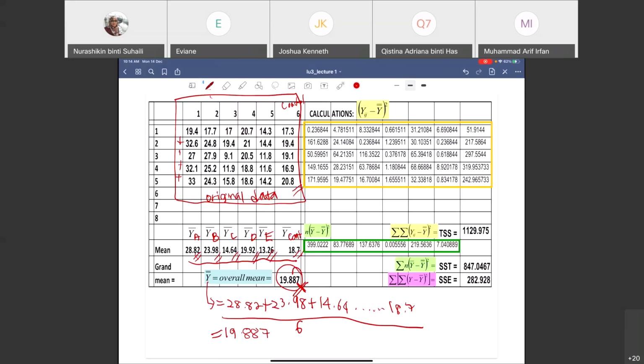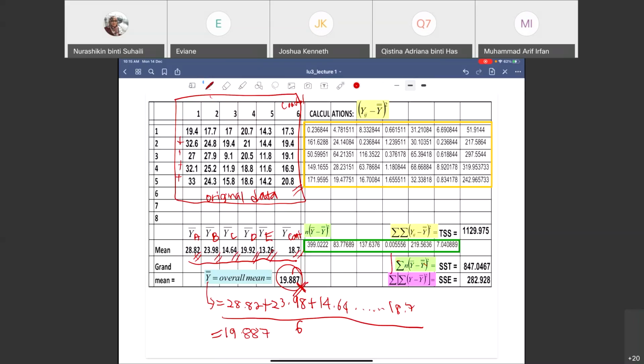Okay, the next thing, let's solve for the SST, because this one you already know the y bar and the y overall mean.